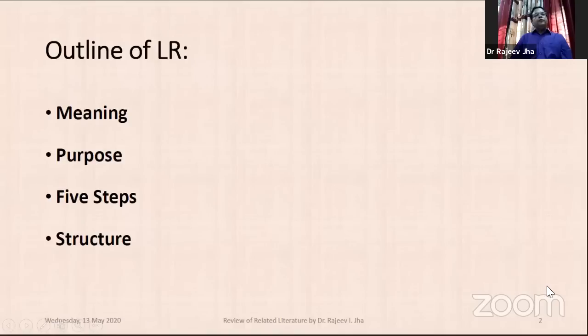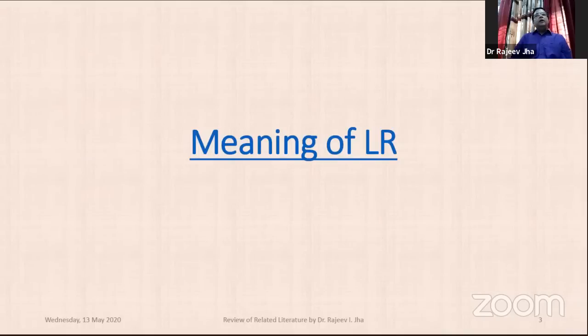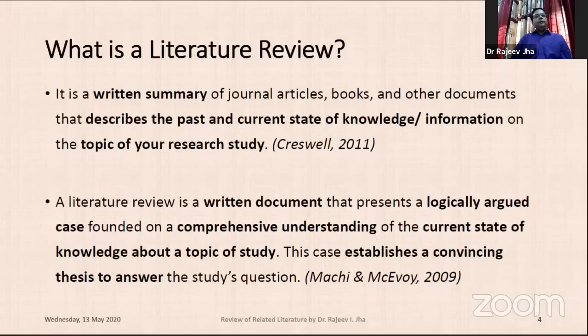So the outline of today's session consists of the meaning, the purpose, the steps involved, and the most important aspect, the structure. The meaning of literature review as given by different experts. It is a written summary of journal articles, books, and other documents that describes the past and current state of knowledge or information on the topic of your research study.